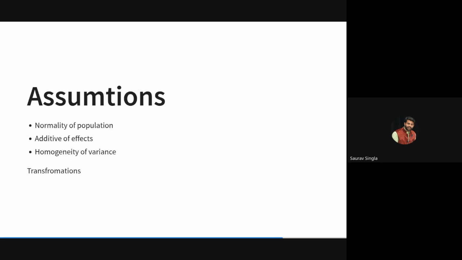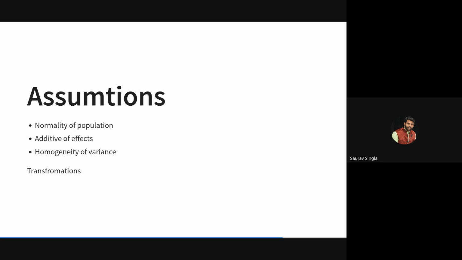That is the assumption. Similarly, for treatment 2, you were also taking a sample out of a normal distribution with mean mu. For the first population, it was the mean mu1. For the second treatment population, the mean is mu2, and similarly mu3, mu4 for all the treatments. If you have 10 treatments, then you are taking the sample out of a normal distribution with mean mu1, with mean mu2, with mean mu3, like this.